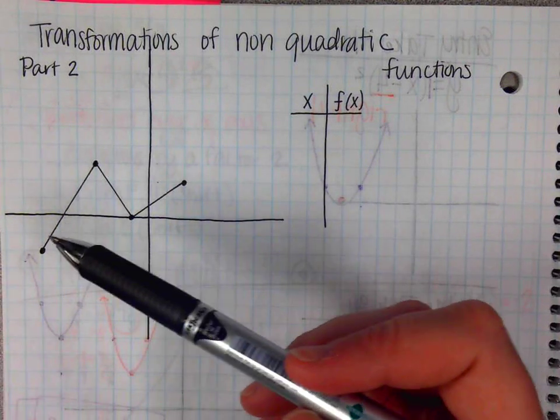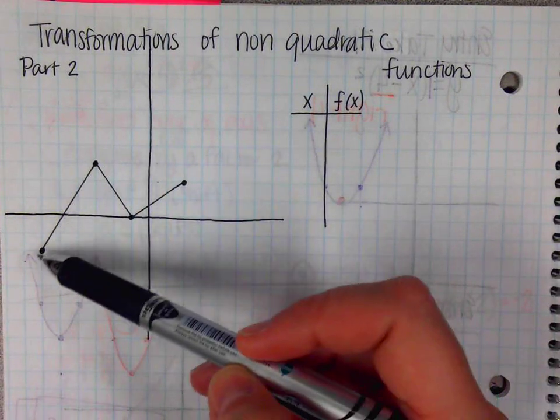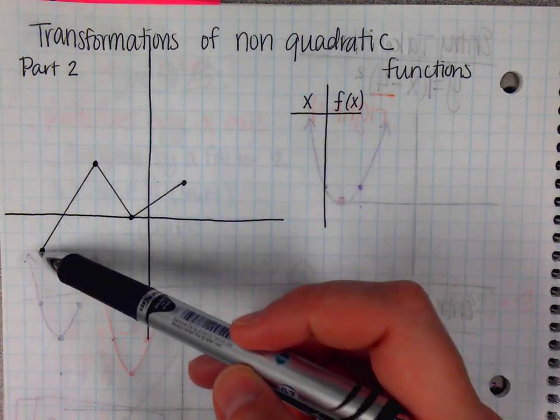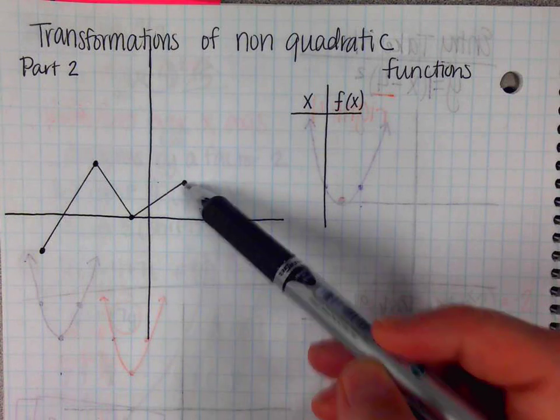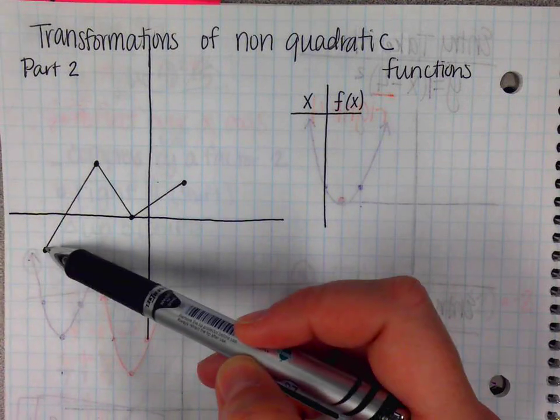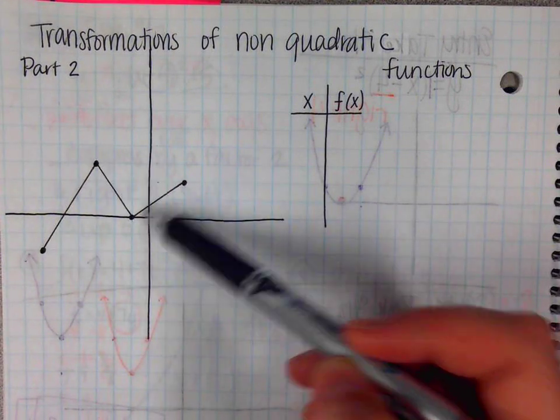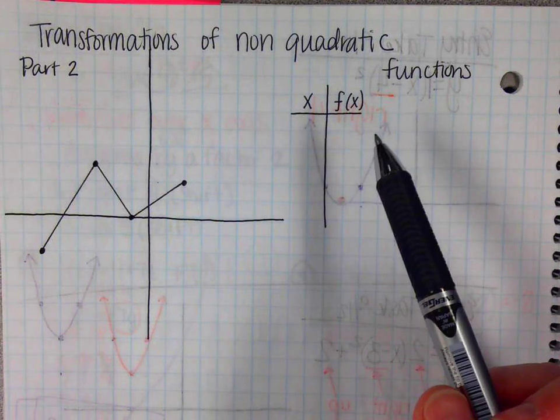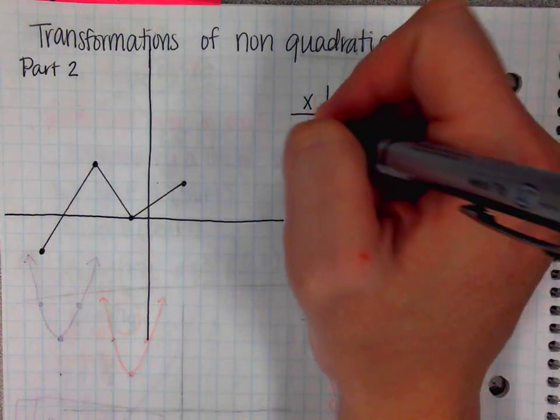So when you're doing non-quadratic, or anything that's not just a perfect line, you pick the key points on a graph. I picked this point down here, this point up here, this point right here, and that point, and then I'm going to transform those. I'm also going to create the table.